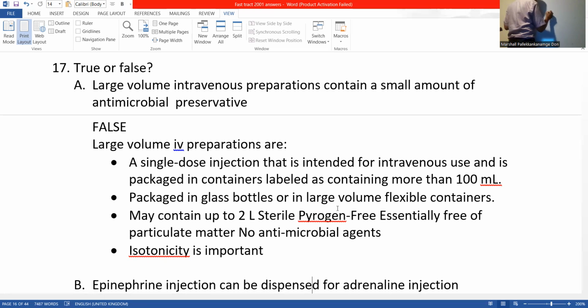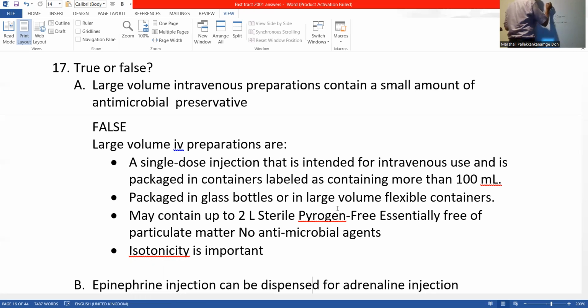Less than 100 ml, preservative plus. If it is a single use dose, they don't normally put any preservative, otherwise they put a preservative.